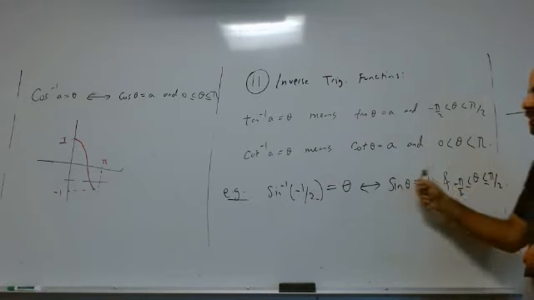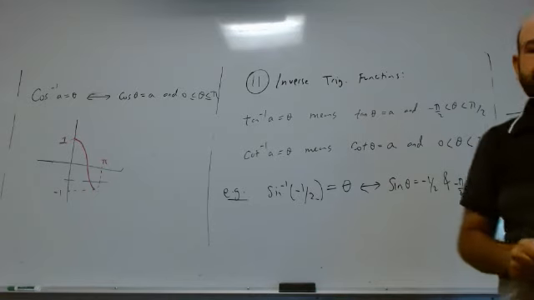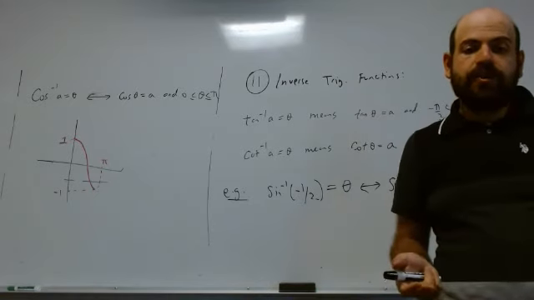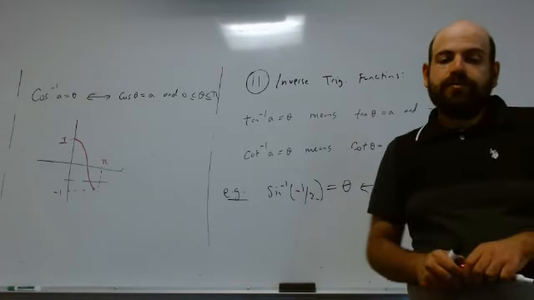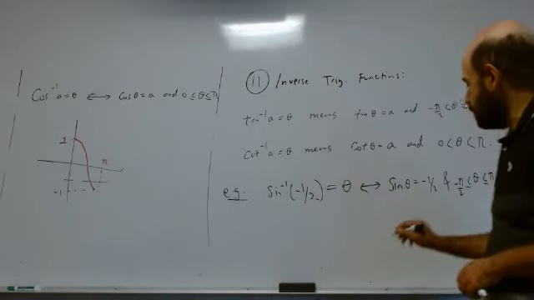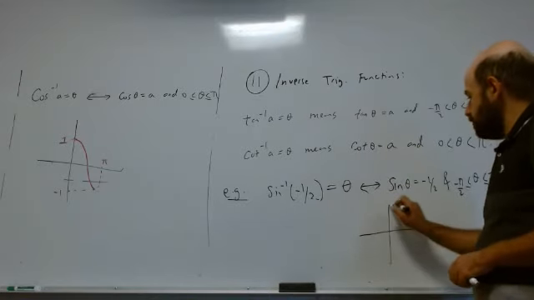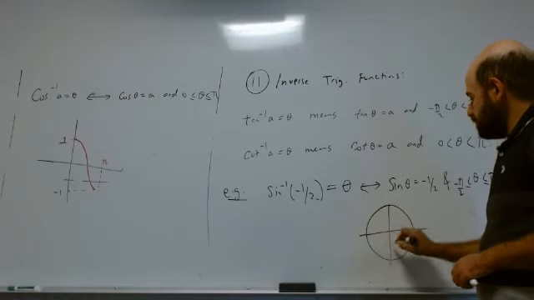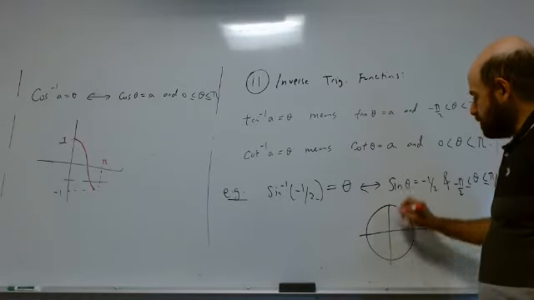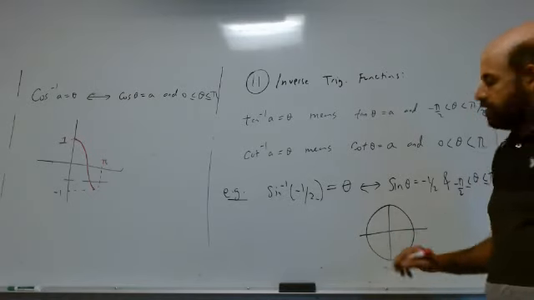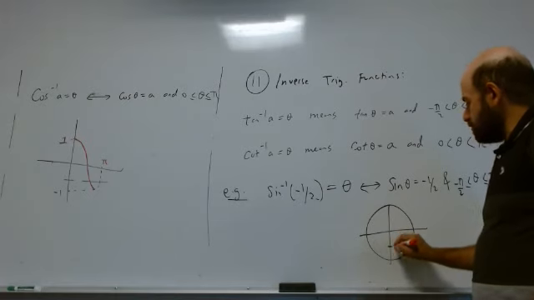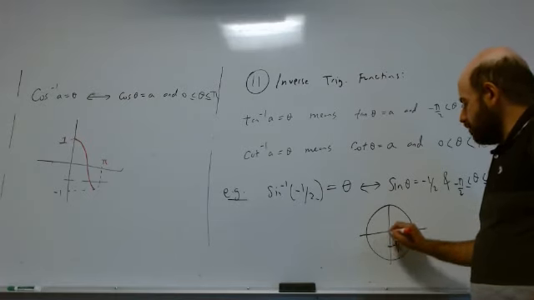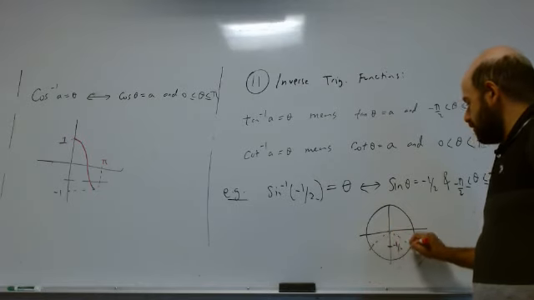So sine of which angle is equal to minus 1/2? Because if you draw the unit circle, remember sine means the y value, right? So if you want the y value to be minus 1/2, your angle could be here or could be here.